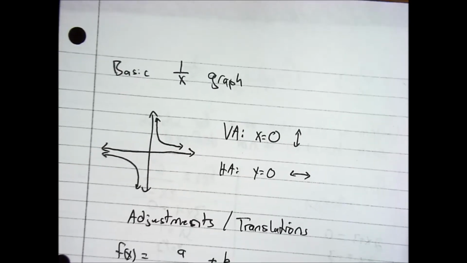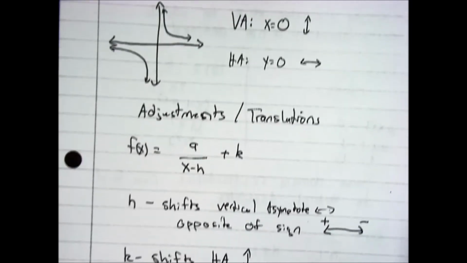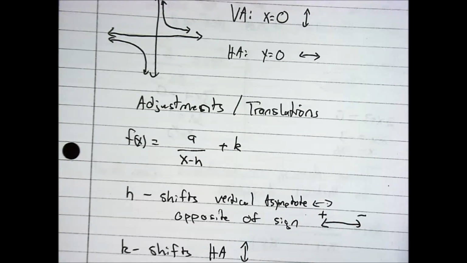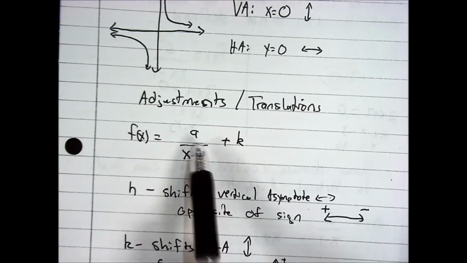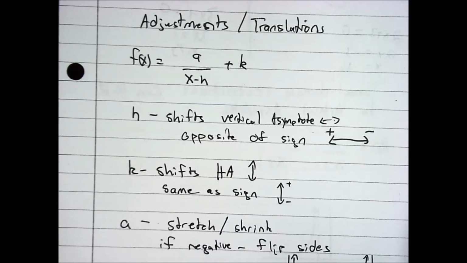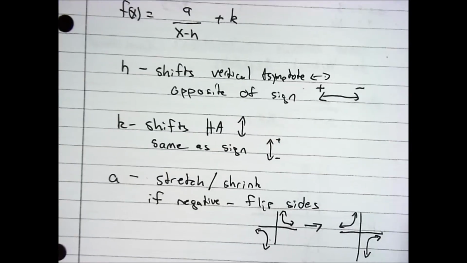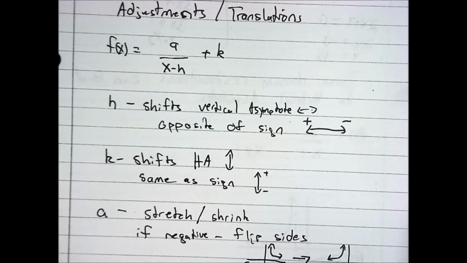Just like with any other graphing section we've done, we've also learned how to do our translations and make adjustments. Okay, we have the same letters representing pretty much the same stuff as we've had the whole time. So now our A, our stretch, shrink, multiplier is on the top of that fraction.